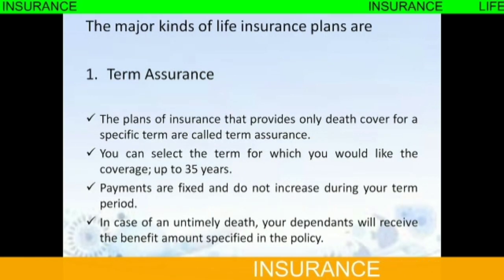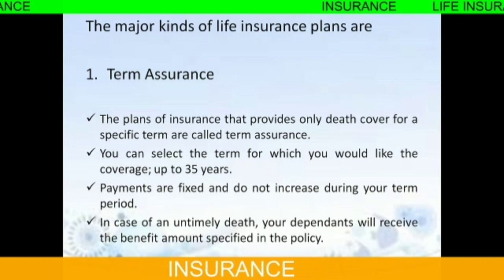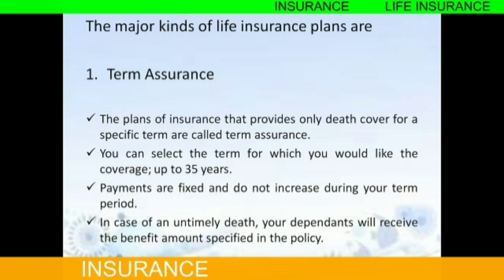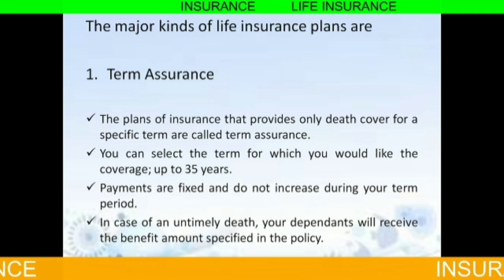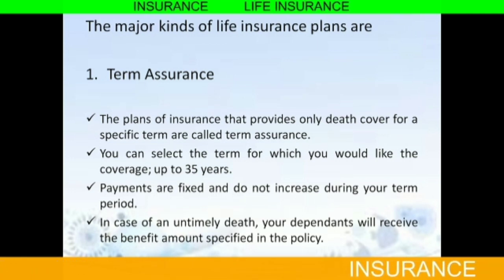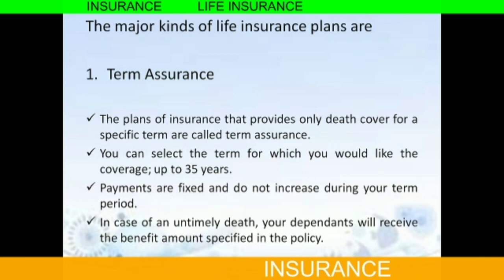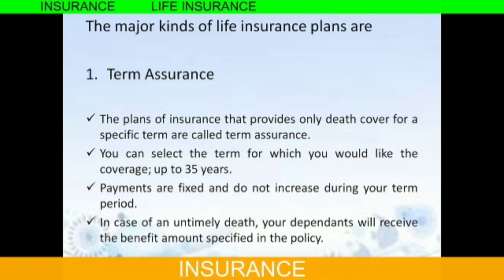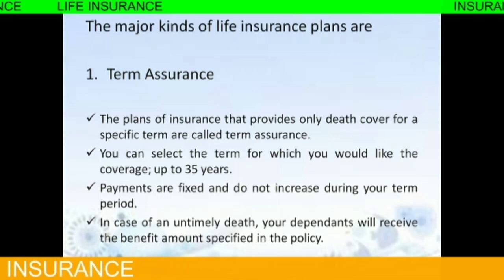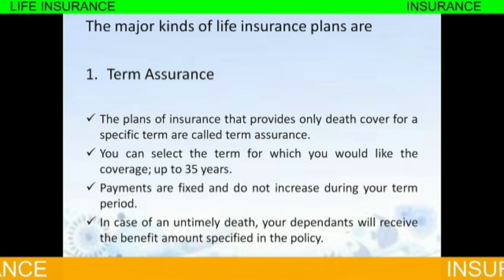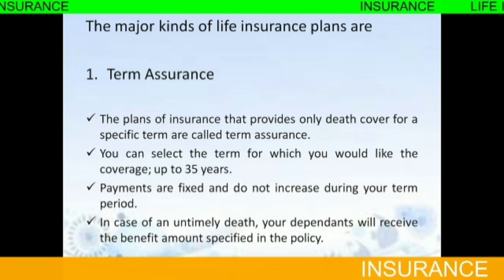Let us see some of the major kinds of insurance plans, and the first one is term insurance. The plan of insurance that provides only death cover for a specific term is called term insurance, and you can select the term for which you would like the coverage, up to 35 years.